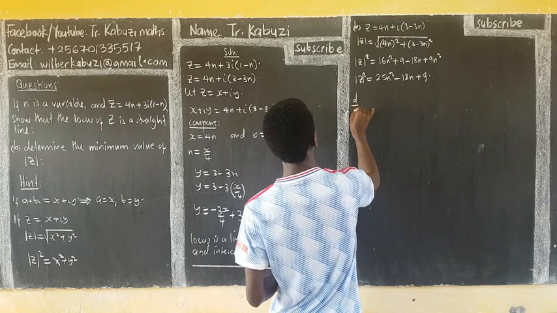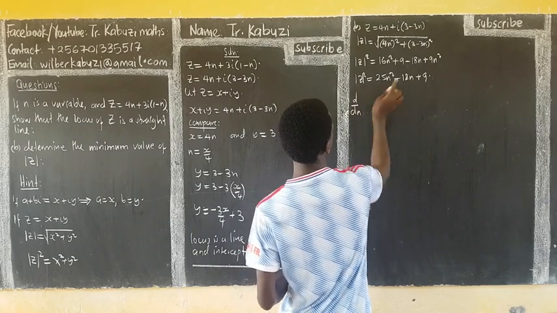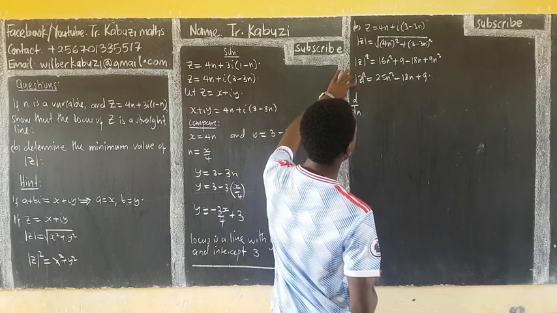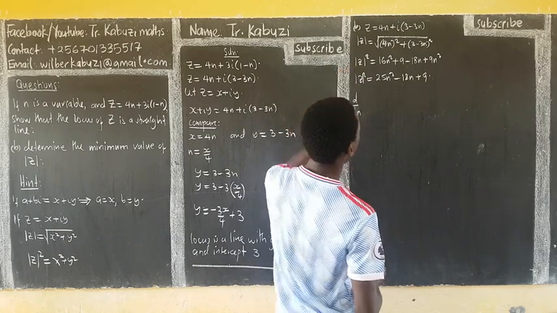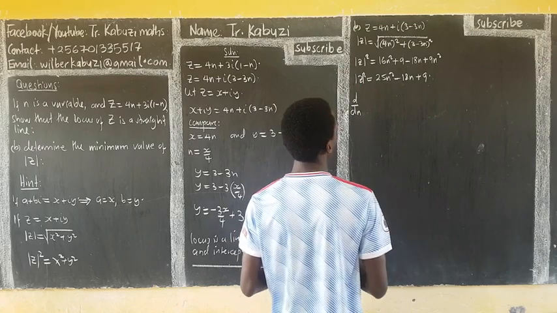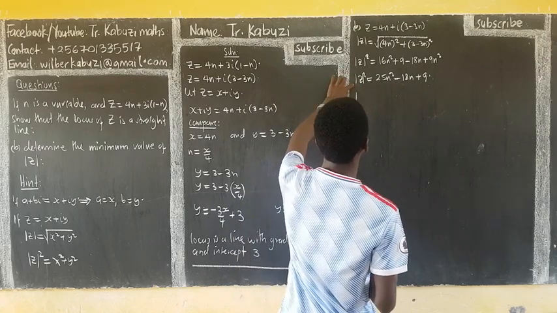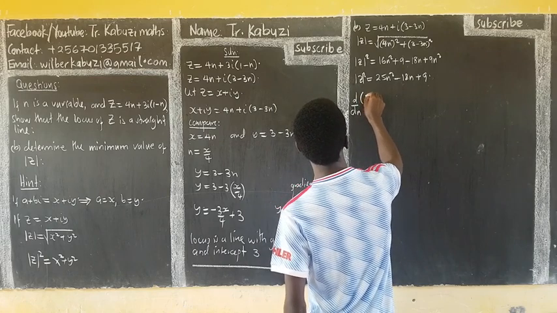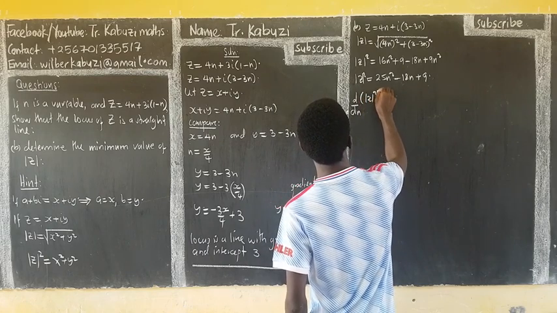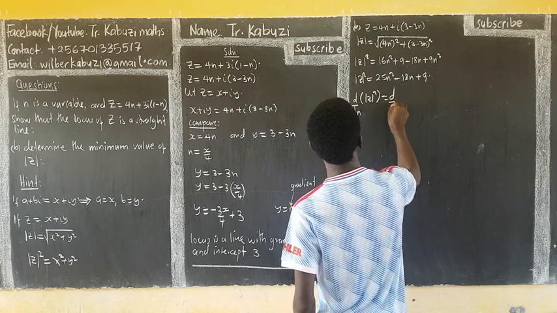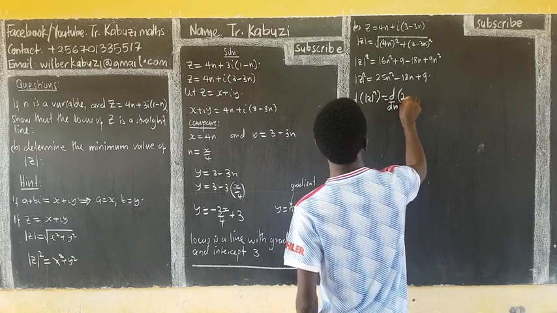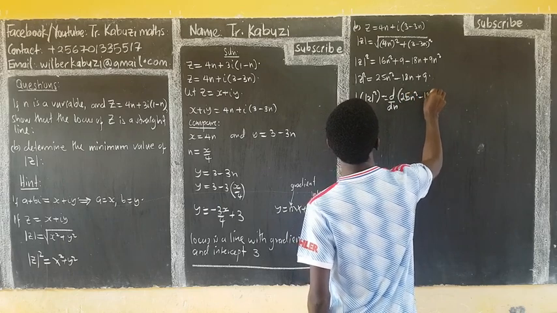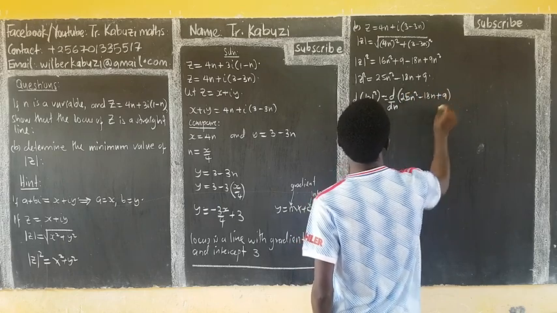So now differentiate this with respect to n, because this is a function of n. When I differentiate modulus z squared, I lower the power and reduce the power by 1. I differentiate also the other side, 25n squared minus 18n plus 9, with respect to n.